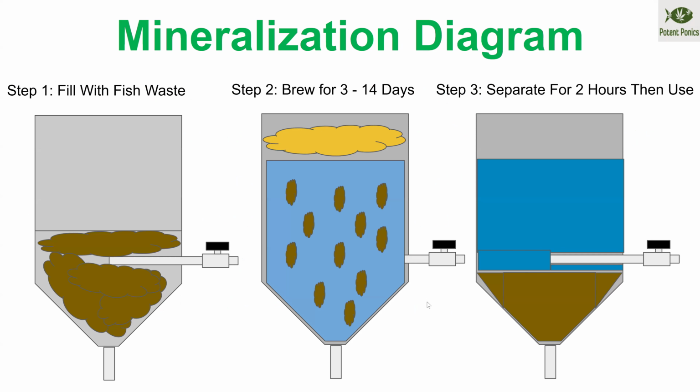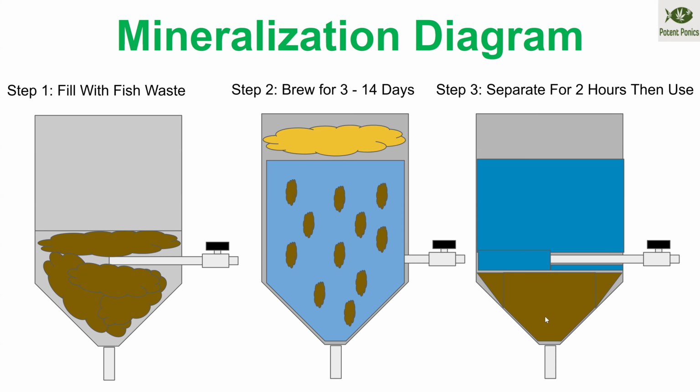As you can see here, this is how we brew our fish waste. You can do this with any animal waste, but this works particularly well with fish waste because it tends not to have too many bad pathogens in it that you might not want to propagate. We fill up our tank about a third of the way, which you can see here in our diagram. We then brew it with our air stones at the bottom of this diagram, and then shut that off for 2 hours.